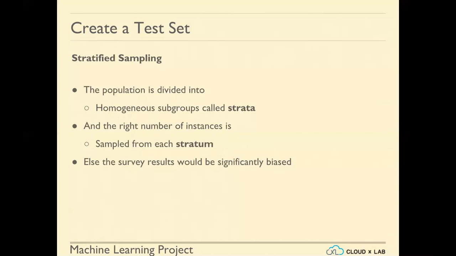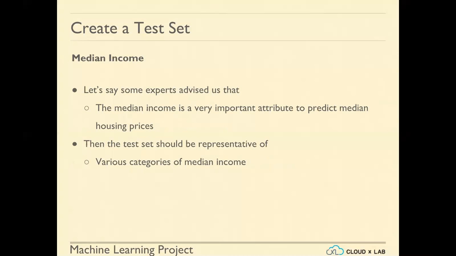So we will first finish this part. Yeah. Okay, good. We are on the right track. So let us say that some experts advised us that median income is an interesting attribute. It is a very important attribute to predict median housing prices.